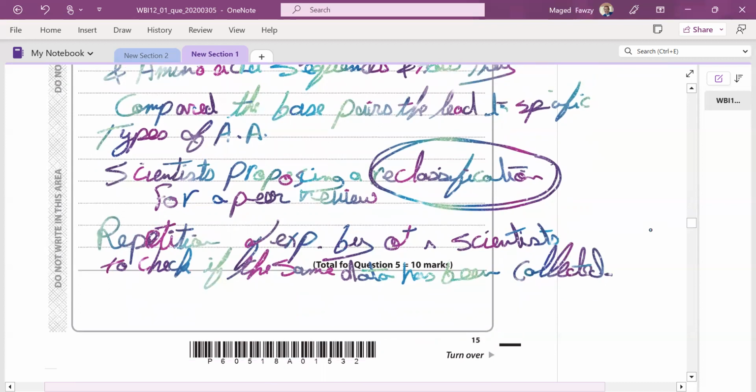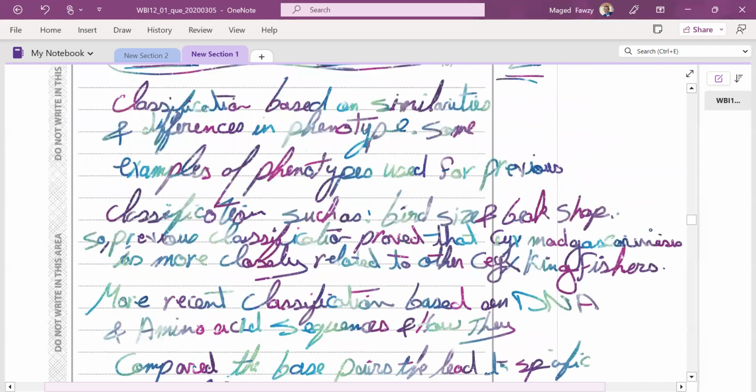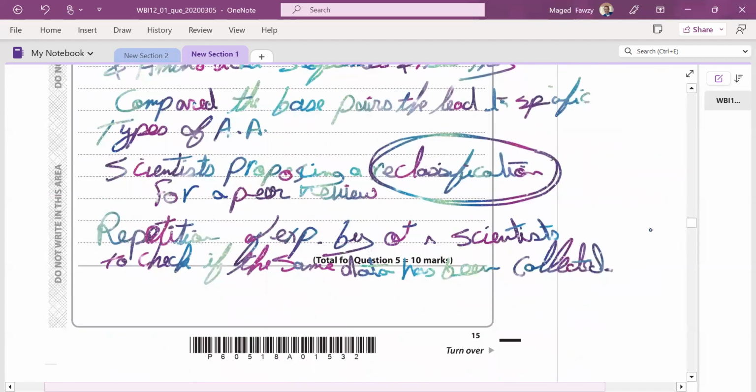We need to write more: that we should apply an analysis of data and see if the same conclusion can be reached or not, then we can make a kind of statistical analysis. Okay? So imagine that's all we wrote to earn the 6 marks.